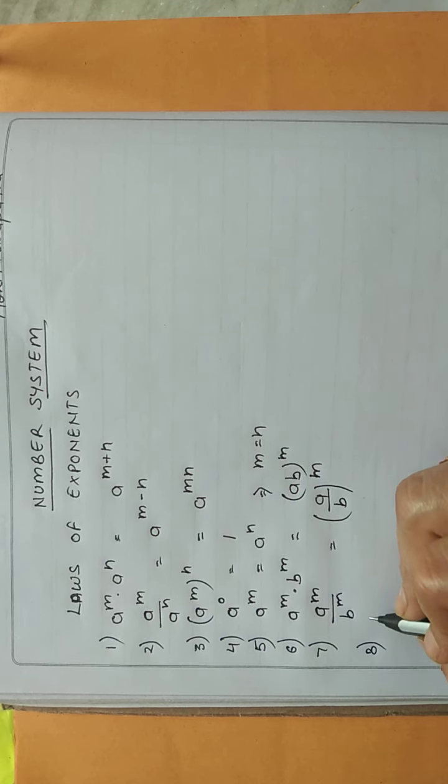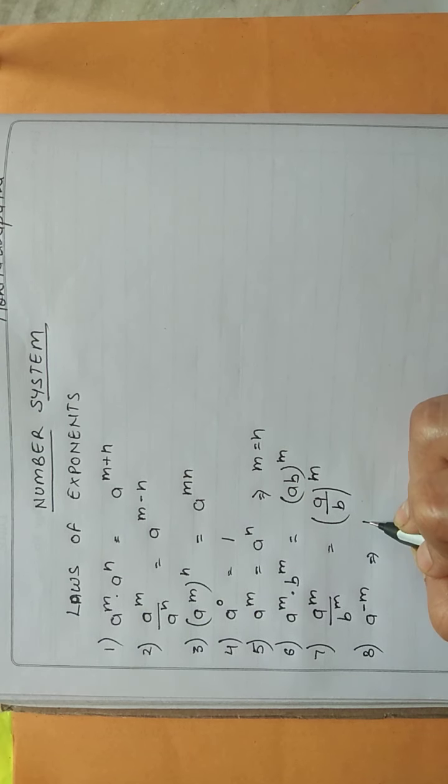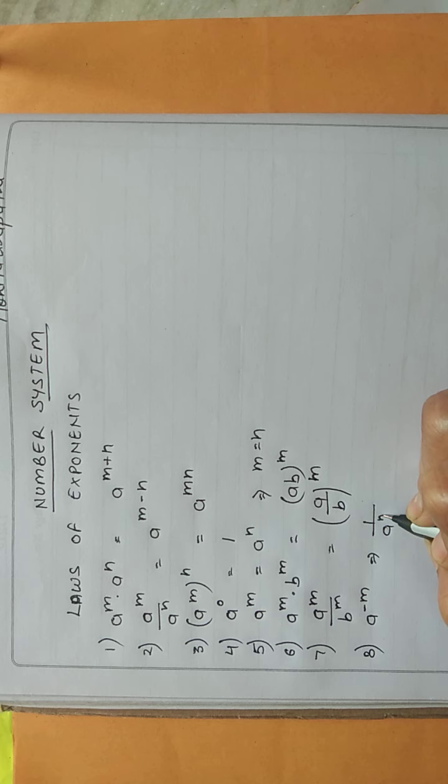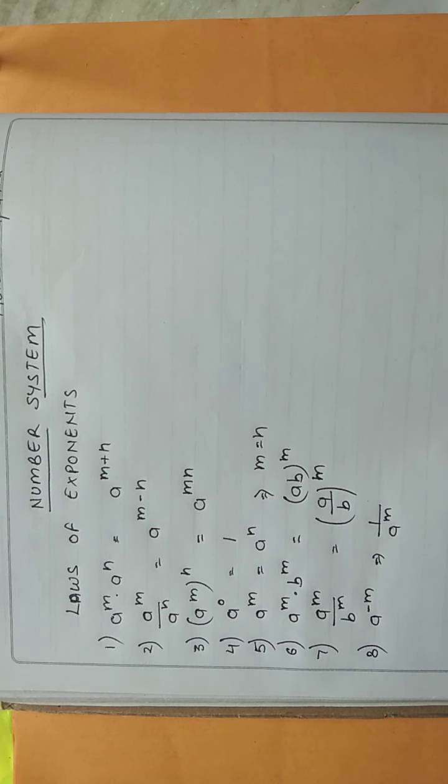Means when we have any negative power, we can make that power positive by putting it into the denominator, by taking the reciprocal of it. Means a number with negative power is equal to the reciprocal of that number with positive power.